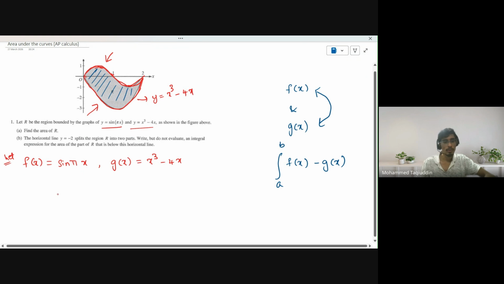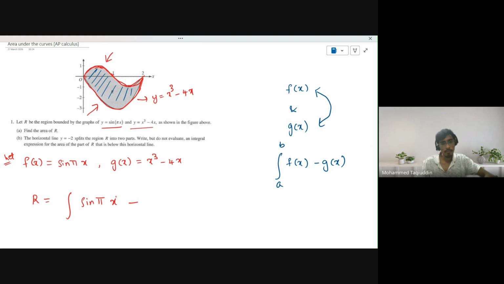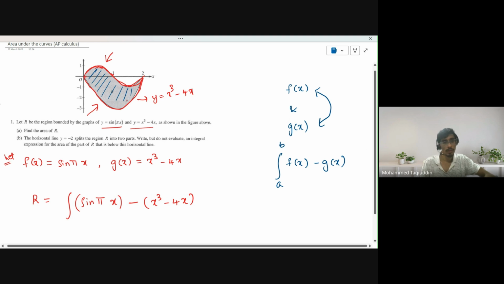What I'm going to do here is very simple. I'm going to take sine pi x minus, this is the first function minus the second function, which together form the region R.